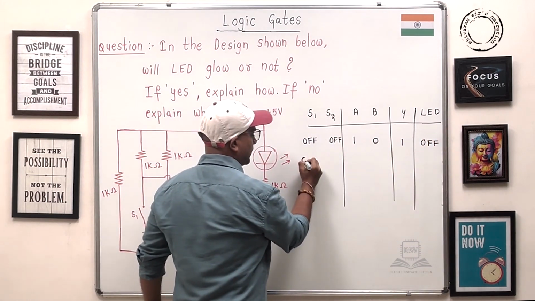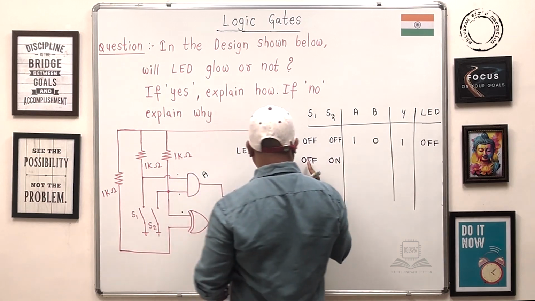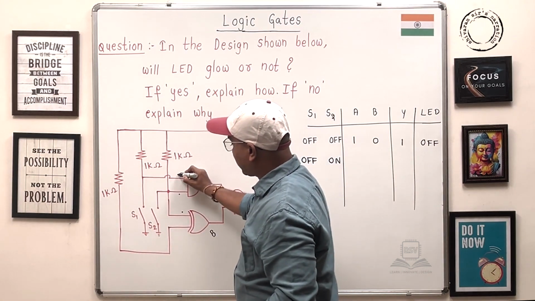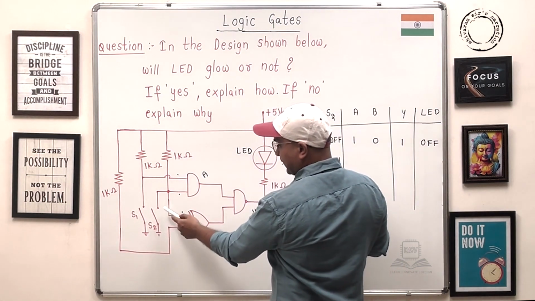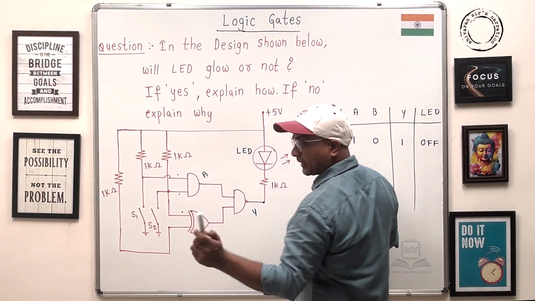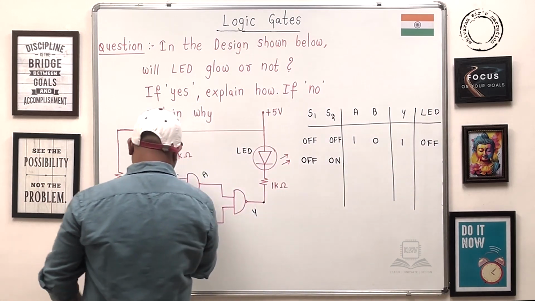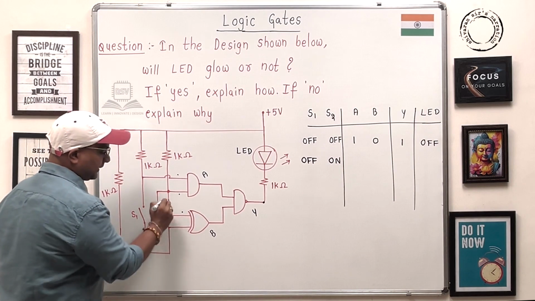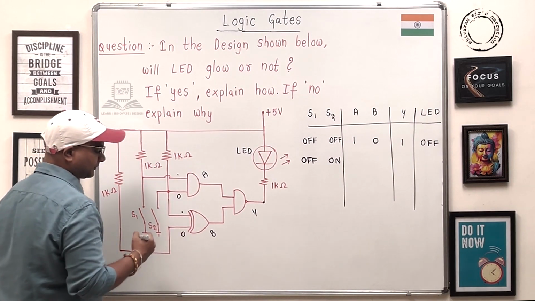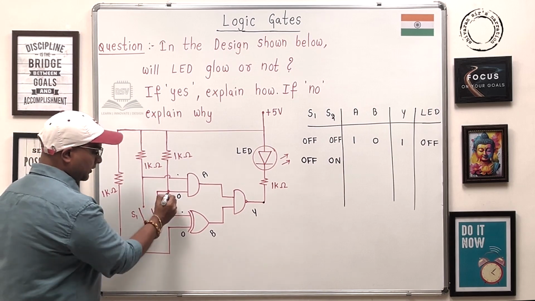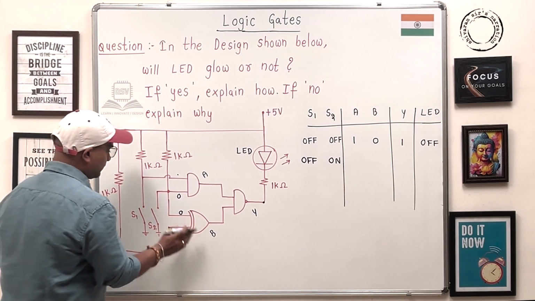Similarly, let's take off, on. If it is off, guys, here you will get 5 volts because S1 is off and S2 is on. Guys, if S2 is on, short circuit, then definitely this will be 0, this will be 0, isn't it? Yes, so the same 0 here, and this will be like through this.